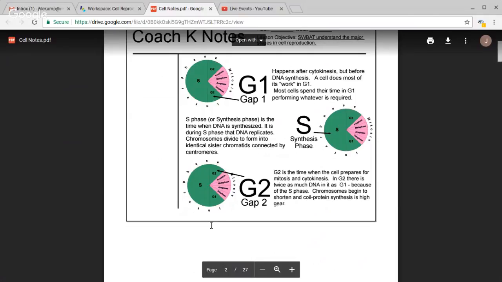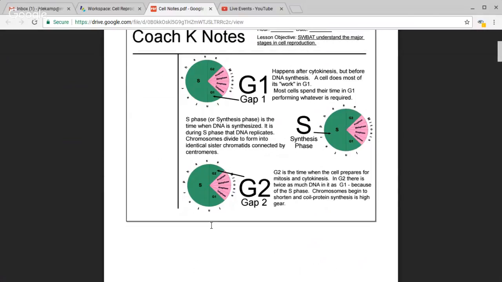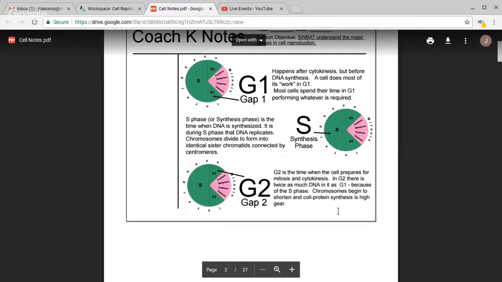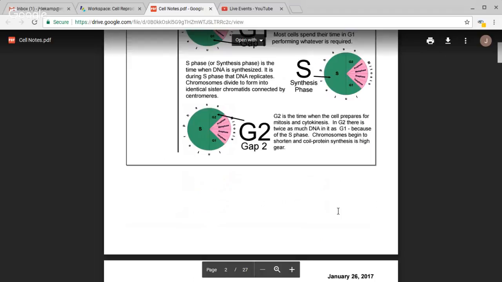Then finally, we have the G2 or gap 2 area, and you have twice as much DNA as you did in G1 because of S phase and that it duplicated. So the chromosomes begin to shorten and coil up and get ready for division there.